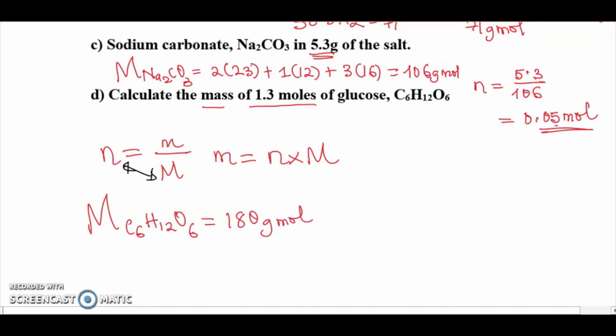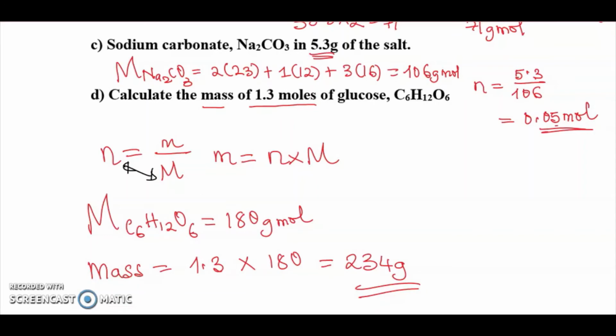So we want to calculate the mass therefore. So mass will be equal to moles, that is 1.3 multiplied by 180. What does that give us? 234 grams. As simple as that. Okay, so with these examples we've done, try these exercises.